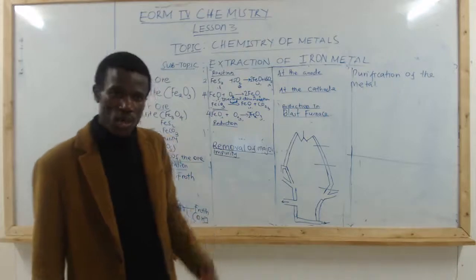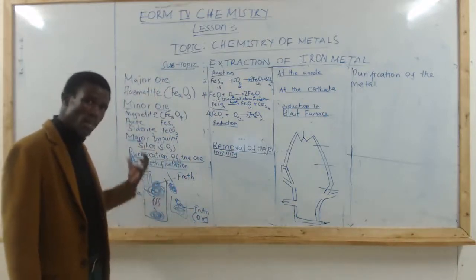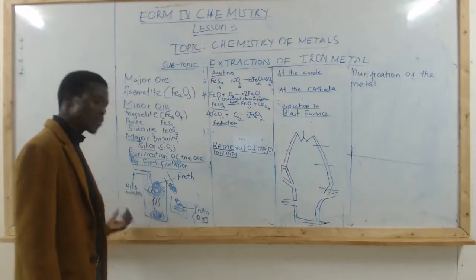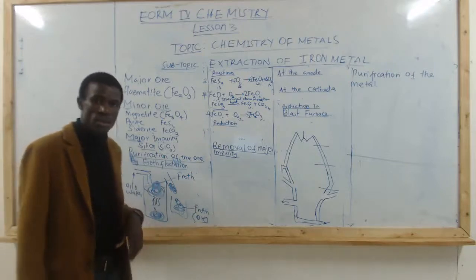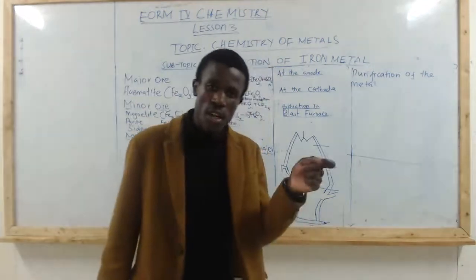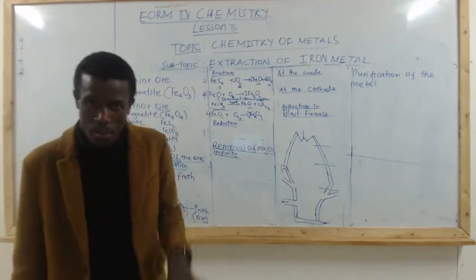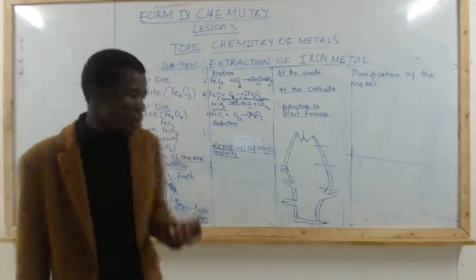Therefore, what we can do is just do the purification of the ore by a process known as froth flotation. I've said we pass a mixture of oil and water, which is known as frothing agent, into a column containing the ore. Now, the frothing agent separates the impurities from the ore, making them sink because they are more dense, leaving the ore floating.